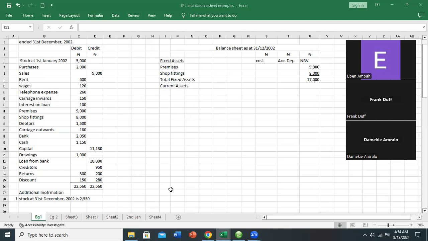Debtors. Okay, thank you very much, Prof. Sandra. The debtors are current assets. Is that the only one, or we have more? Prof. Frank, since Prof. Sandra has given us one, can you add on?